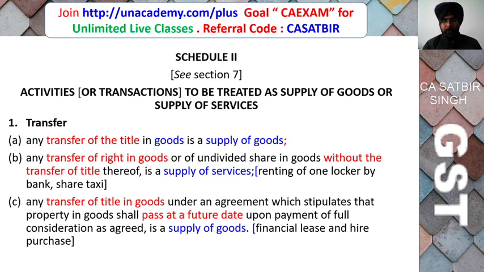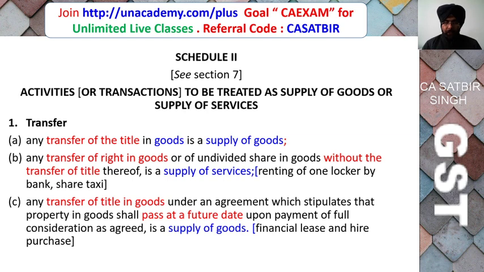So whether it will be supply of goods or supply of service, it is clarified in schedule 2 that any transfer of the title in the goods is a supply of goods. Any transfer of right in the goods or of undivided share in the goods without the transfer of the title is a supply of service. So renting of a locker by the bank, share taxi, etc. are all examples of supply of service.